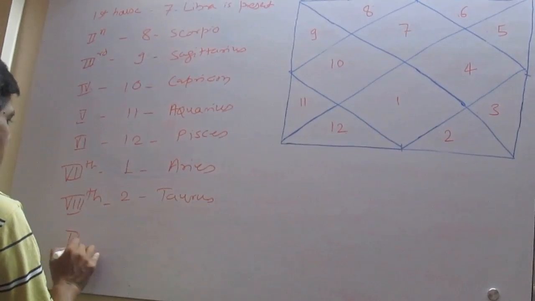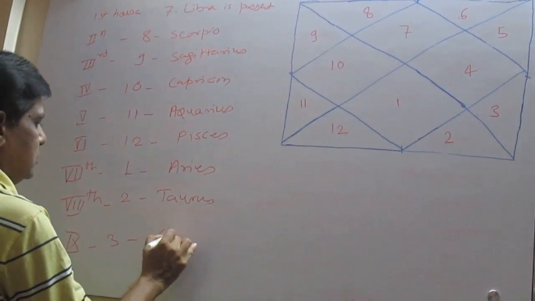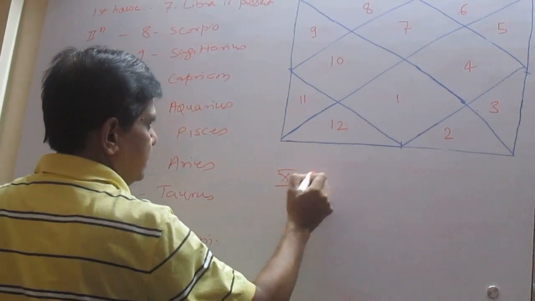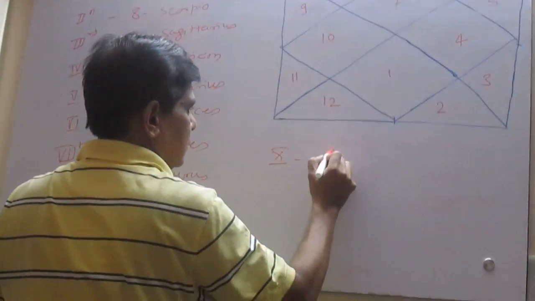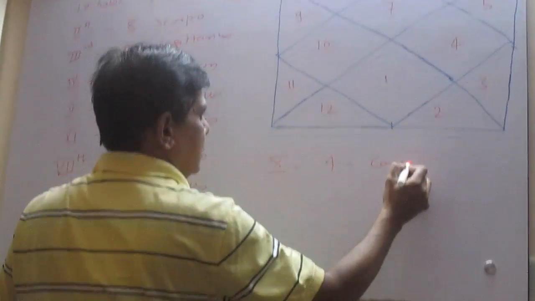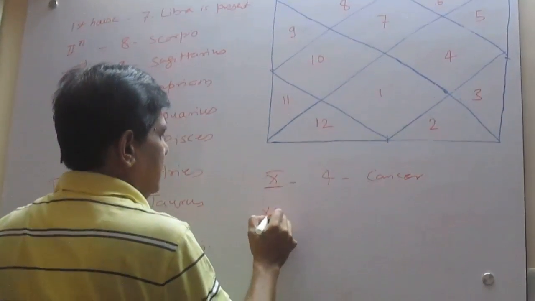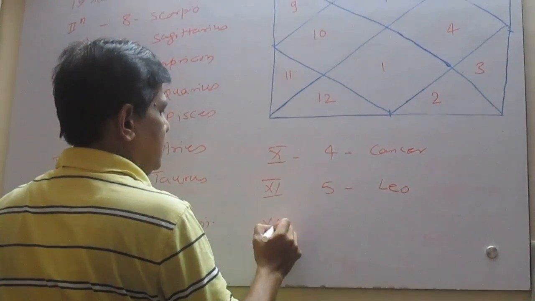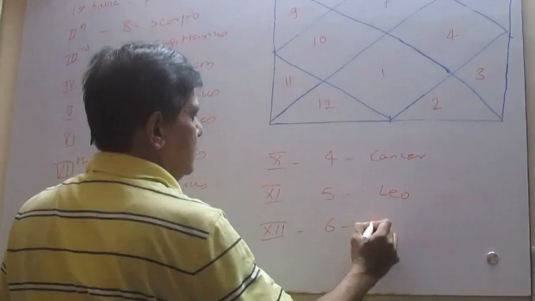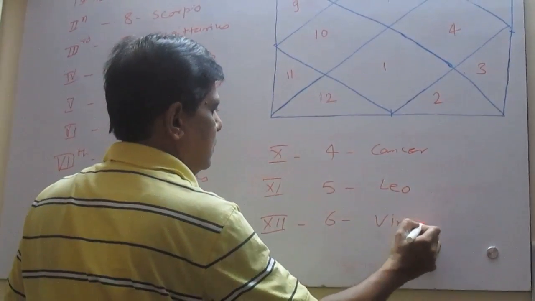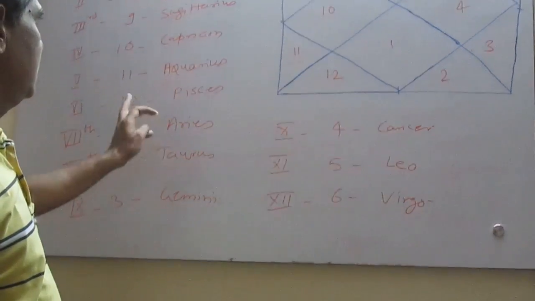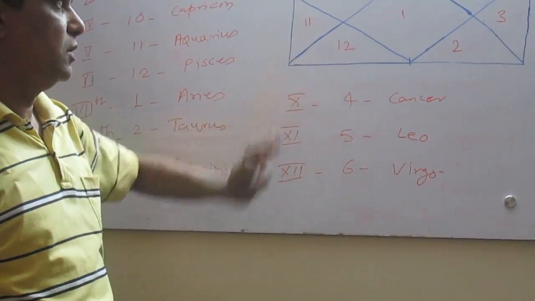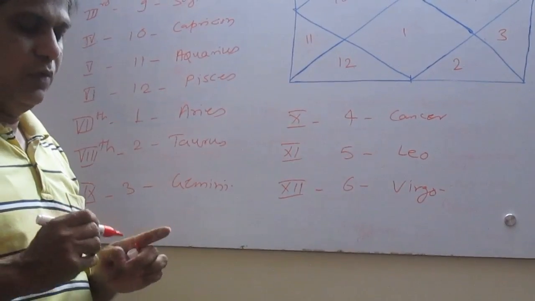Ninth house, Gemini. 10th house, 4, Cancer. 11th house, Leo. 12th house, Virgo. So these are the Rashis present in the houses in this birth chart. Only one Rashi is present in one house.